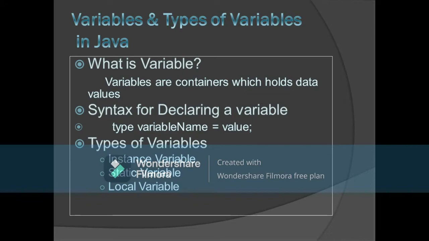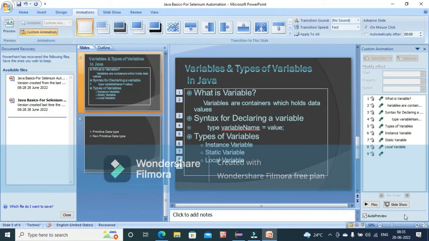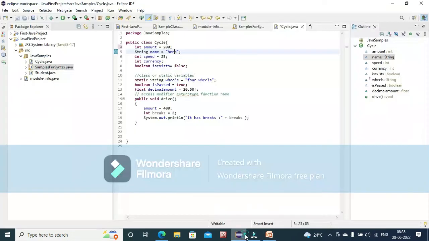Let's see what each is with examples. Let's go to Eclipse, where I have already written the examples for time saving purposes. The location of the declaration of variables is important.